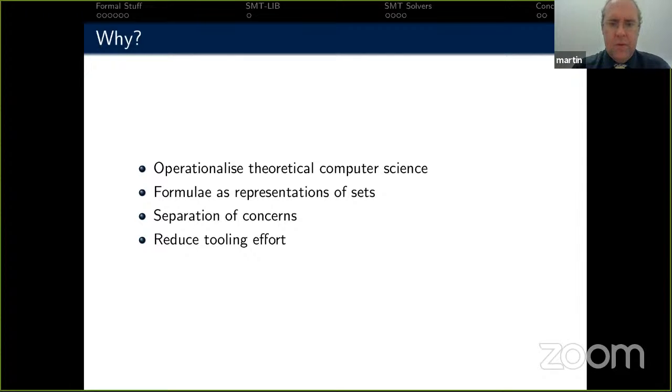The problem is, of course, if your sets start getting very large, at a certain point you just can't store them in the computer anymore. So if you talk about the set of states at the start of this function, well, as soon as you've got a 64-bit variable in there, you're probably not going to be able to write all the states down.